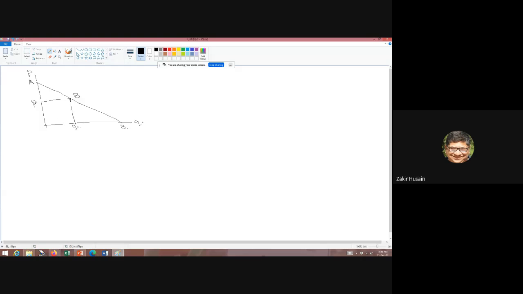So he's purchasing Q when the price is P. And this is a straight line. In this case, we can show that elasticity is equal to, sorry, I made a mistake. Elasticity is equal to this lower segment by upper segment. Just hold on for a minute.